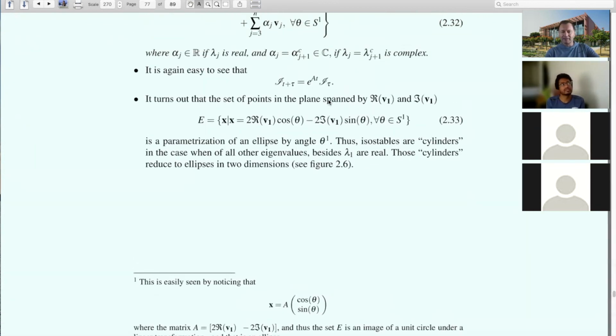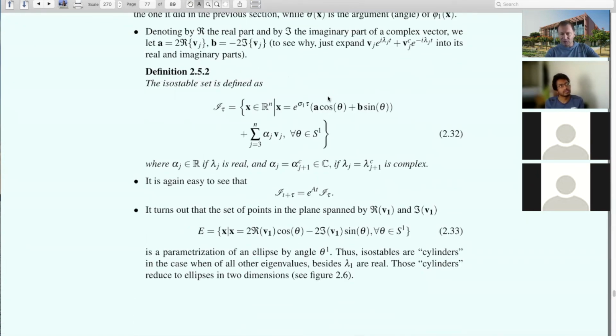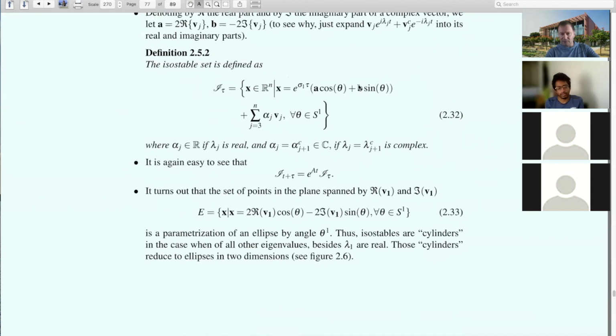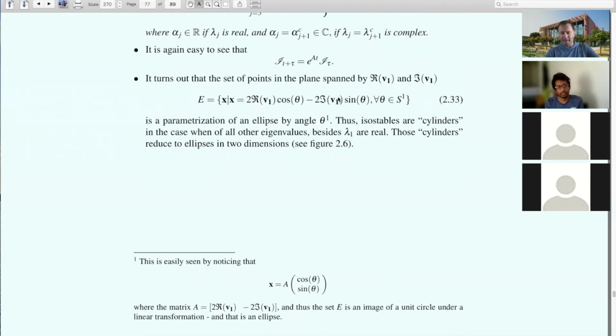The fact that this expression here gives you an ellipse, it's simple to see if you just say x is A times cosine theta, sine theta, where the matrix A is 2 times real part V1 and minus 2 imaginary part V1. These are the columns of this matrix. And so cosine and sine, this vector, if you change theta, that's going to give you a circle, right?